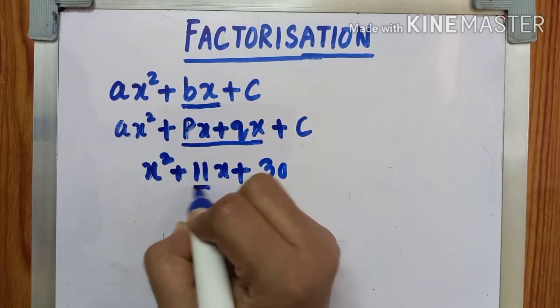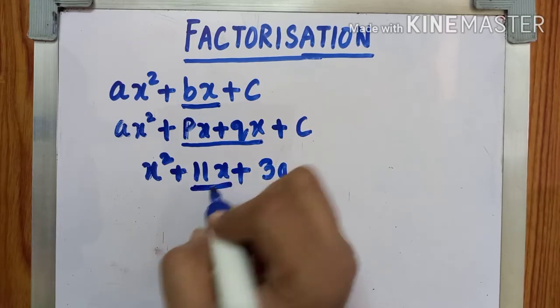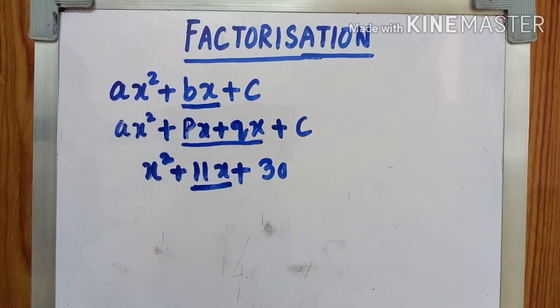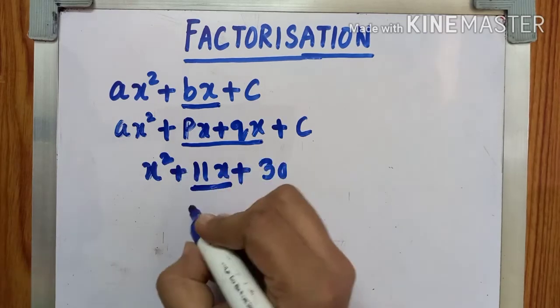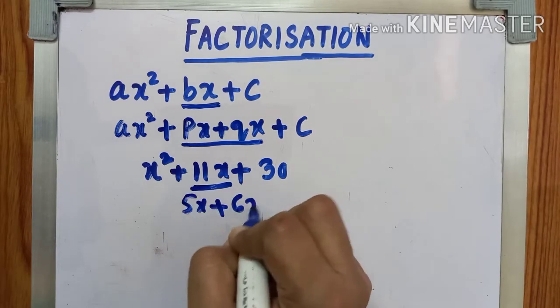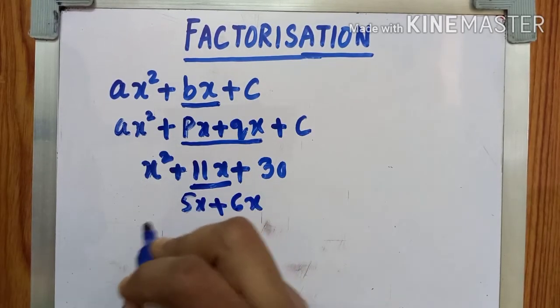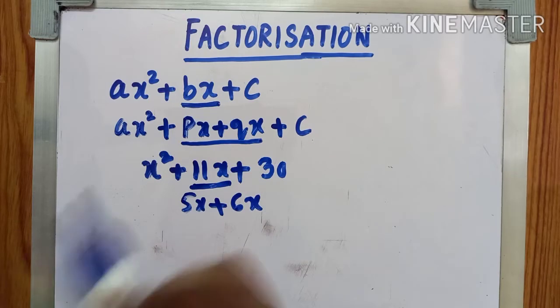This 11x we should try to write as 5x plus 6x. If you do it in that way, it will be very easy for you to factorize.